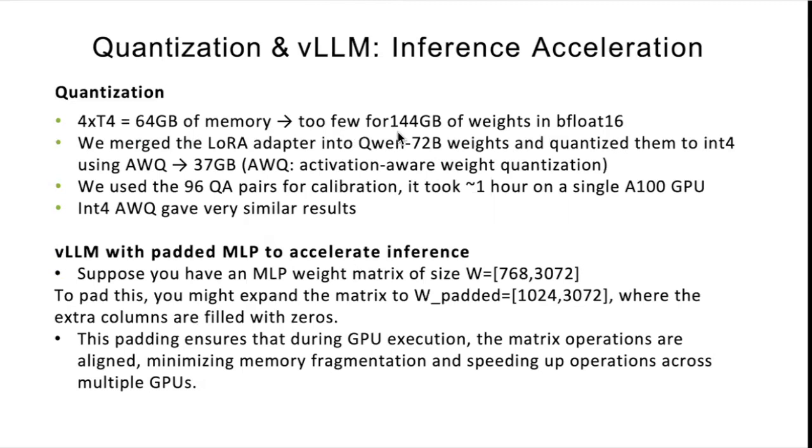So it is too few for a Qwen 72B if you want to load it in float16, 2 bytes, then it's going to be 144 gigabytes, right? Without any quantization, you cannot even load the model into the GPUs.